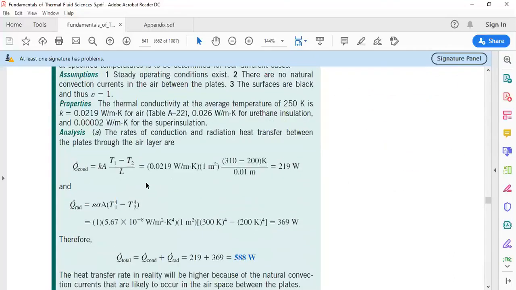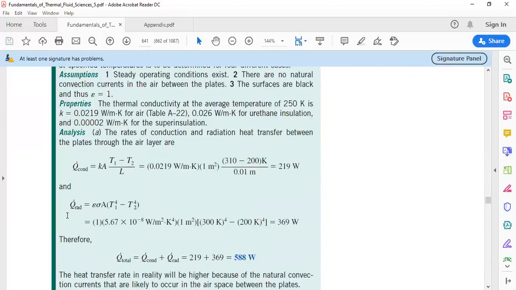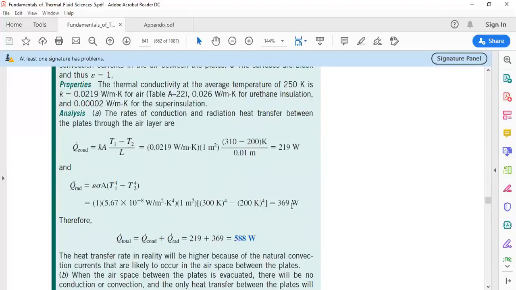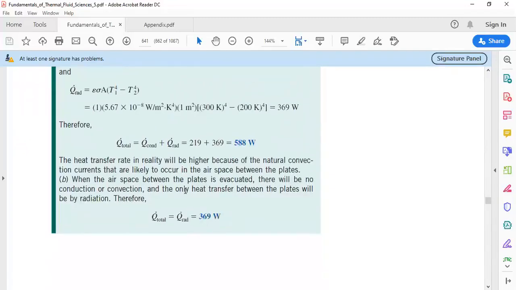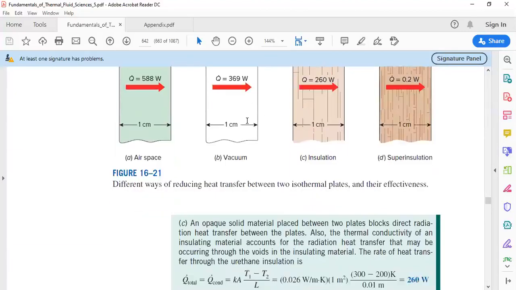So go to A. In A, we will have conduction through the air. We get the thermal conductivity of the air. We find that the conduction heat rate is 219 watts, while the radiation heat rate is 369 watts. The total is the sum of the two. No convection since the air is not moving. B, when the space is evacuated, it's only radiation, and it's already calculated from the previous case.